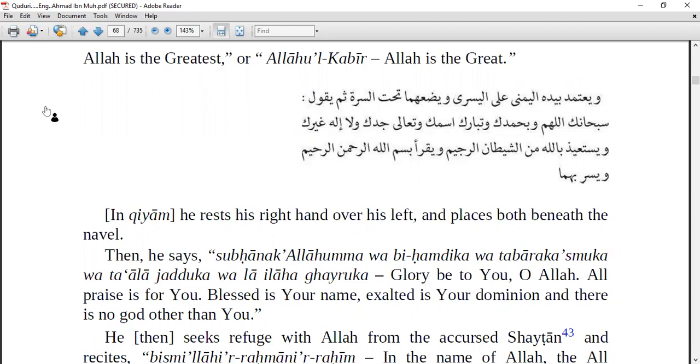سبحانك اللهم وبحمدك وتبارك اسمك وتعالى جدك ولا إله غيرك. These are the more famous words. There are other siyagh of the thana as well. For example, سبحانك اللهم وبحمدك وتبارك اسمك وتعالى جدك وجل ثناؤك.